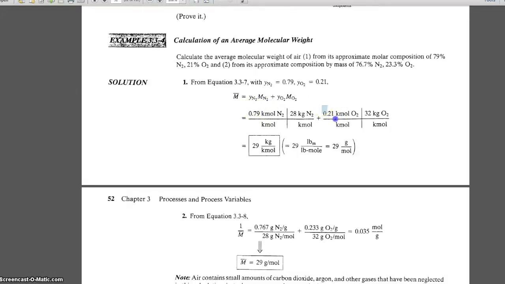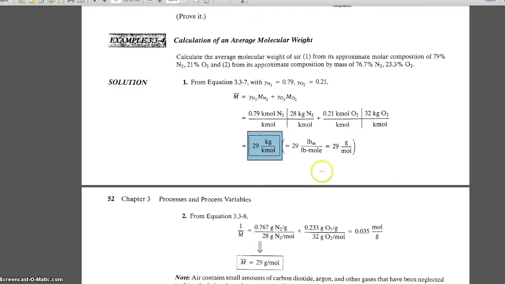Next is the same thing for oxygen gas. In the end, with this formula you'll get 29 kilogram per kilomole.